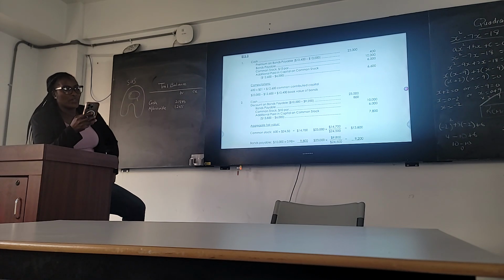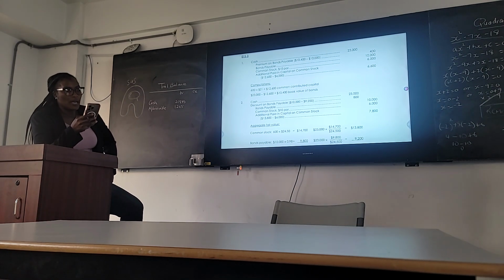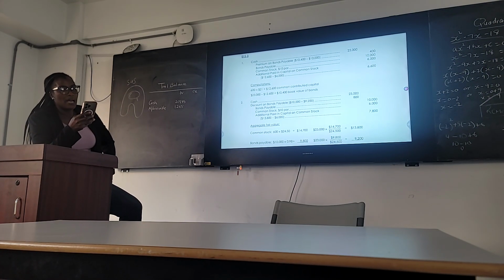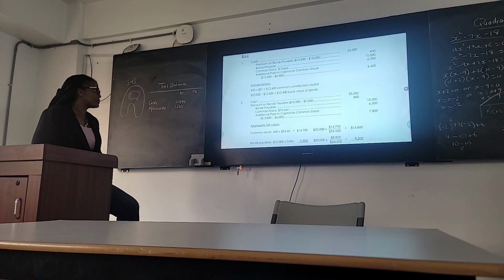Record the transaction for each independent assumption shown below. 1. The common stock has a current market value of $21 per share, and the market value of the bonds is not known. And 2. The common stock has a market value of $24.50 per share, and the bonds are currently selling at $98.